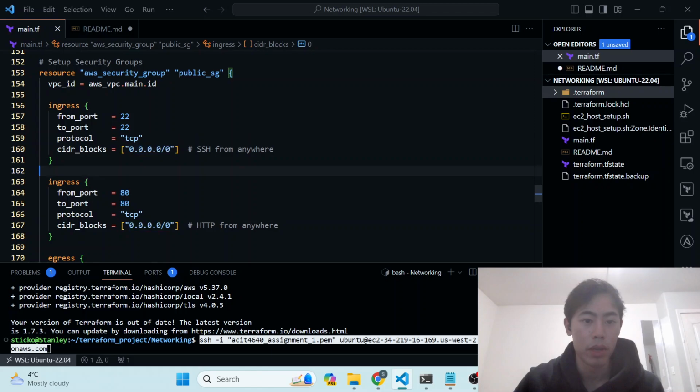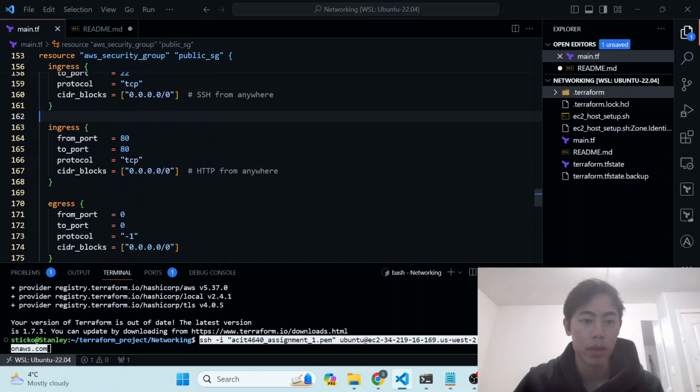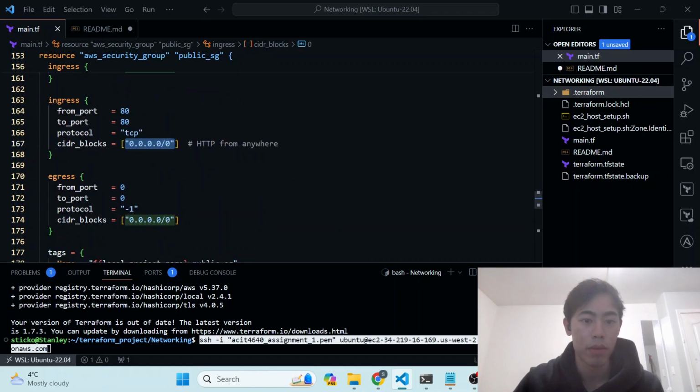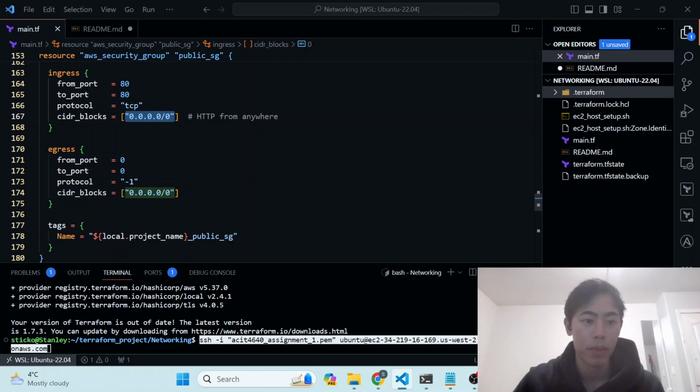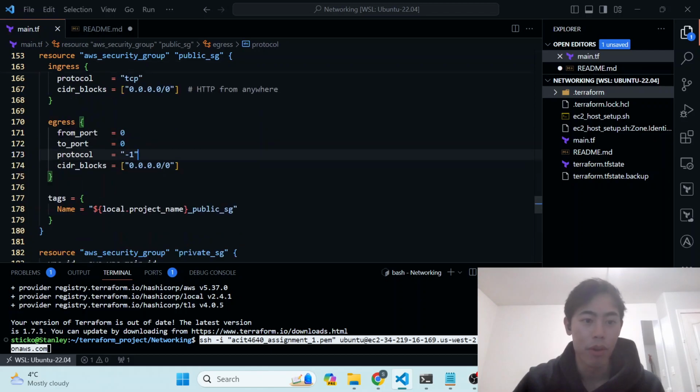All zeros, so SSH from anywhere. Ingress for the HTTP is also set to anywhere. Egress means outbound rule. Default port 80 or 0. And protocol -1 means all ports are allowed, and it can be from anywhere.